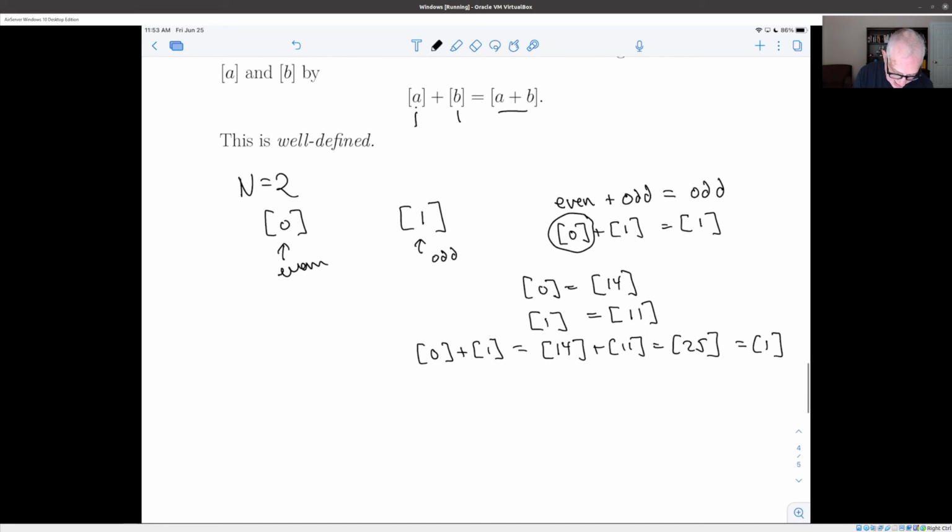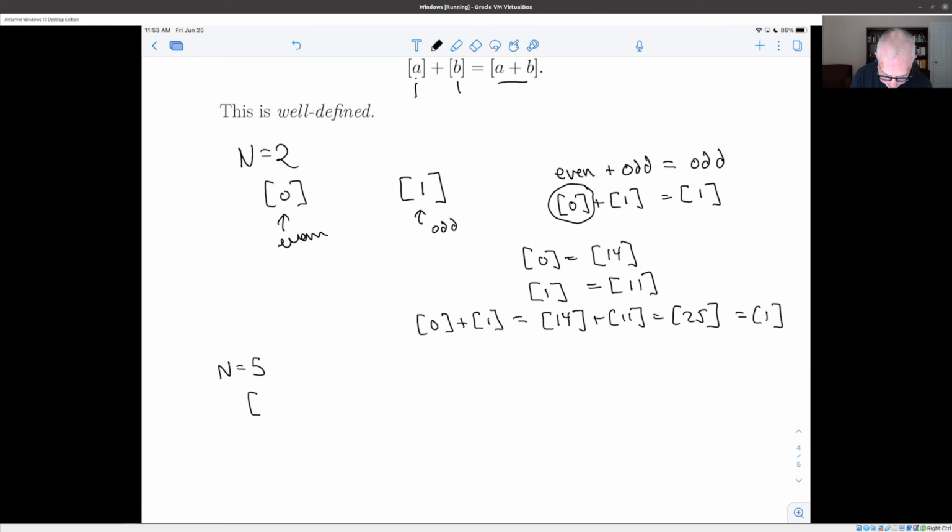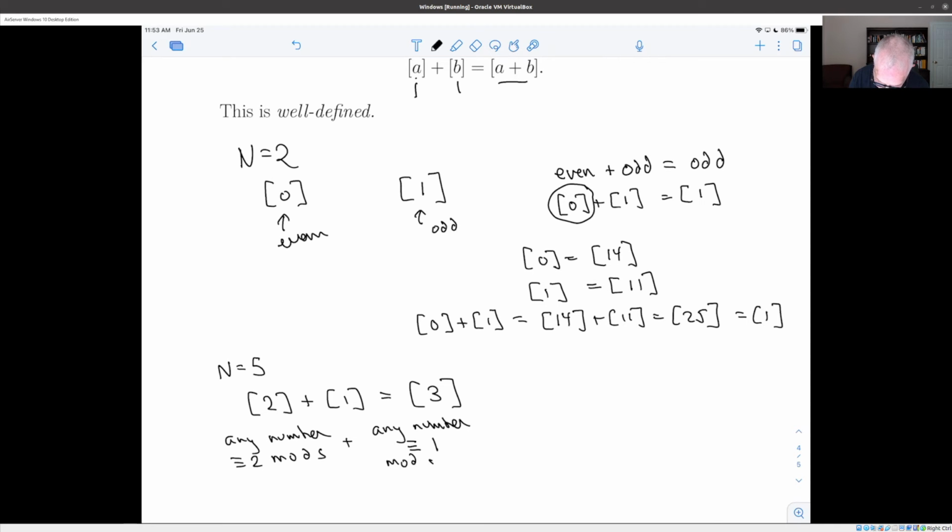And in the case where, let's say, n equals 5, if you take the class of 2 and the class of 1 and you add them together, by this definition, you should get the class of 3. What is this telling you? It's telling you that any number congruent to 2 mod 5 plus any number congruent to 1 mod 5 is always some number congruent to 3 mod 5.